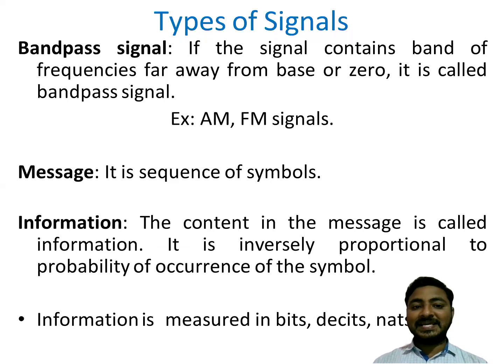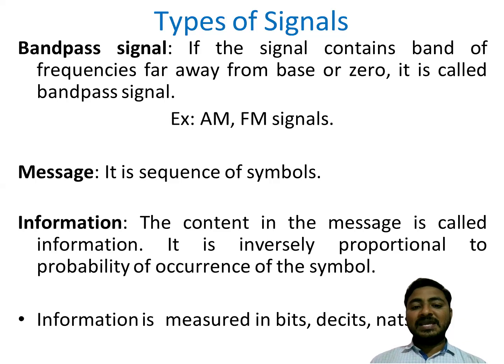If the signal contains a band of frequencies far away from the base or zero, it is called a bandpass signal. The examples of bandpass signals are AM signals, FM signals, PM signals, PAM signals, PWM signals, PPM signals.